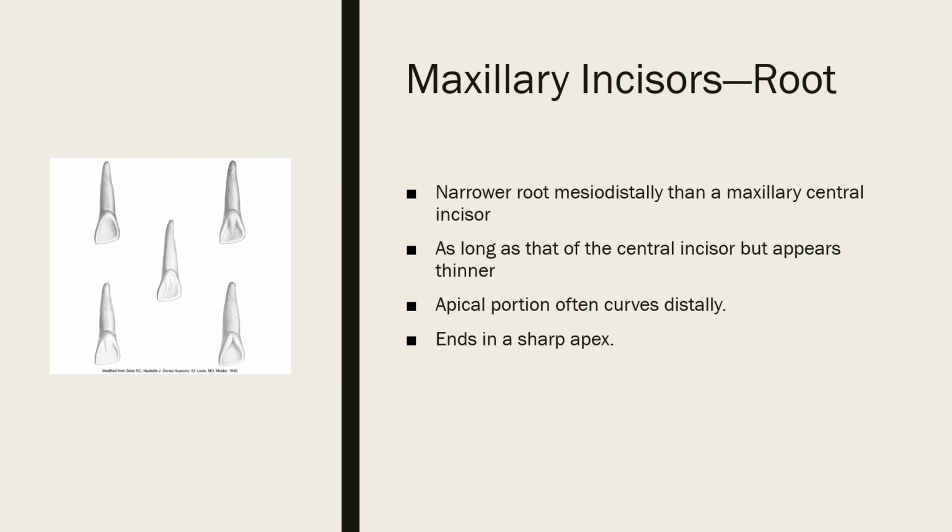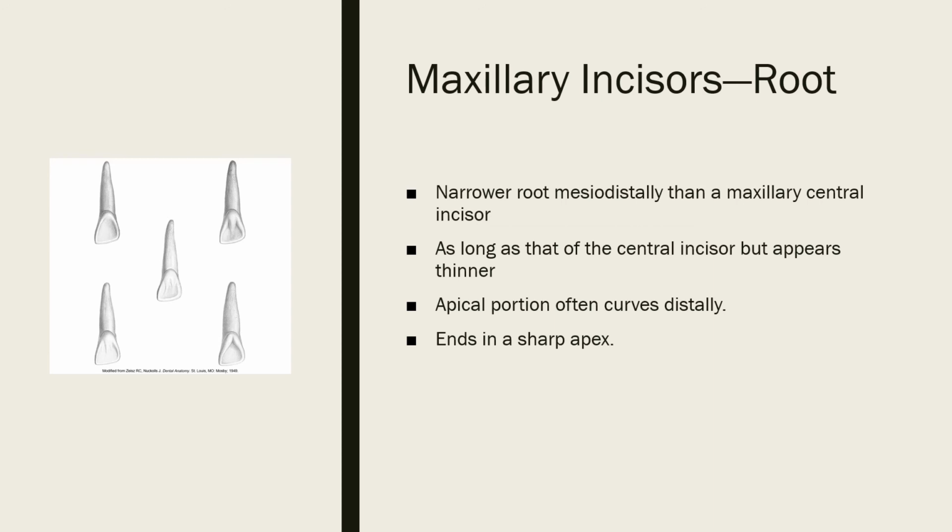Okay, so let's talk a little bit about the maxillary incisors root. The maxillary central incisor usually has a straight, thick, cylindrical shaped root. If you ever see one extracted, it is conical, straight, pretty easy to identify. The maxillary lateral incisors are going to have a more narrow root, but remember that root is 1.5 times the size of the crown.